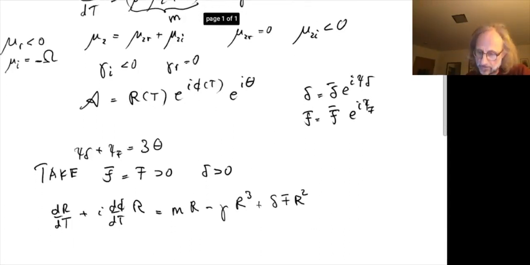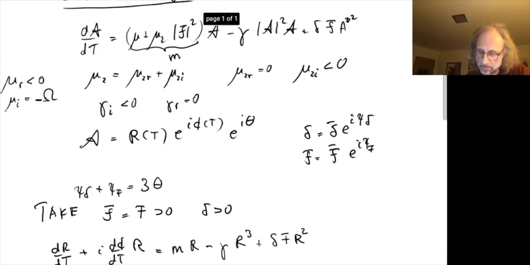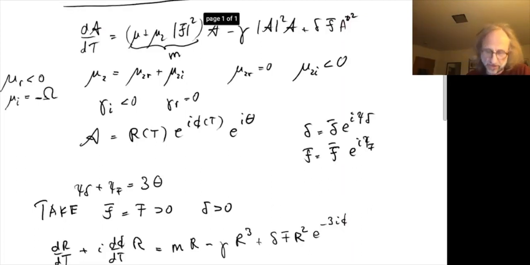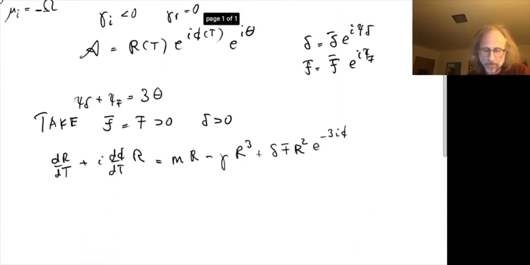Well, not quite. I have to deal with the e to the i phi term. So I have an e to the minus 3i phi, right? Just like before, we get from the left-hand side e to the i phi, and here we get 2 i phi's gives together e to the minus i phi. Okay, so best to split it in real and imaginary parts.